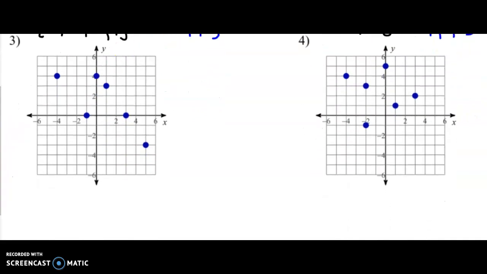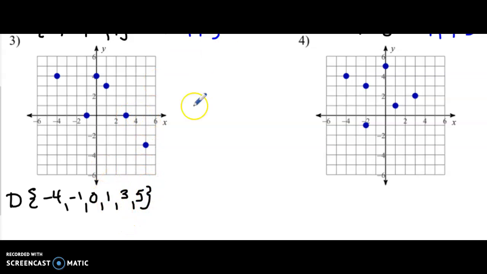For number 3, to look for our domain, we're looking at our x values. So we've got a -4, we've got a -1, we've got 0, we've got a +1, we've got a +3, and we've got a +5.